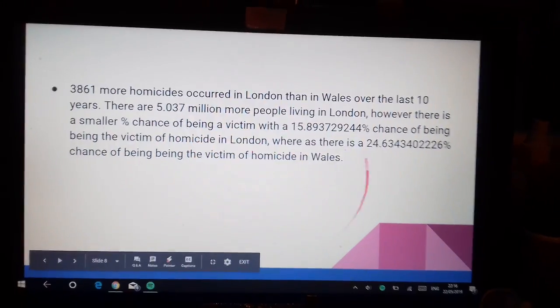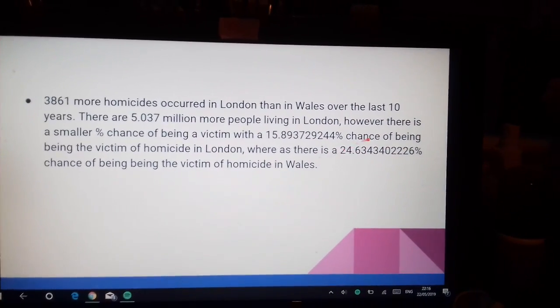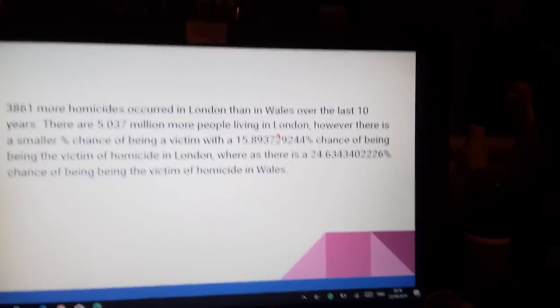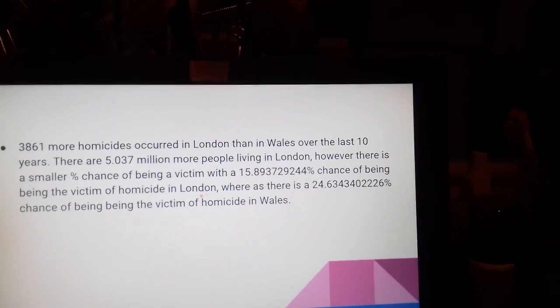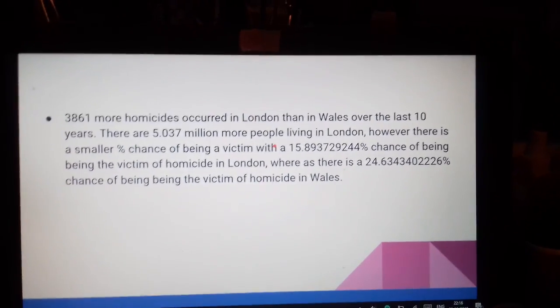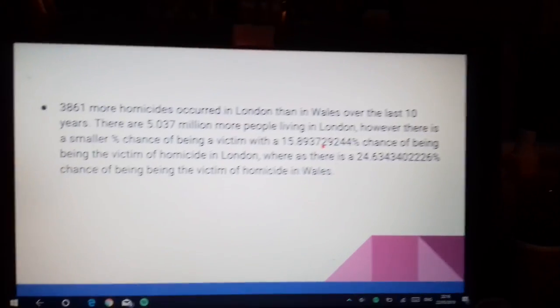As this slide shows, you are 25% more likely to be murdered in Wales than you are in London. You're only 16% likely to have a chance of being murdered in 10 years in London, so that's a 10% difference.